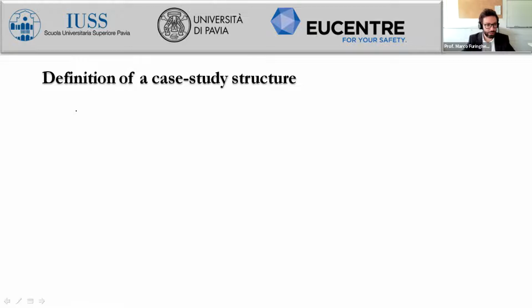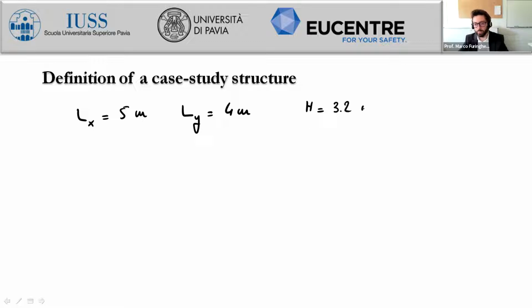So let's consider Lx, the span length along the X direction, equal to 5 meters, whereas we will consider Ly, the span length along Y, equal to 4 meters. And we will consider the interstory height equal to 3.2 meters.